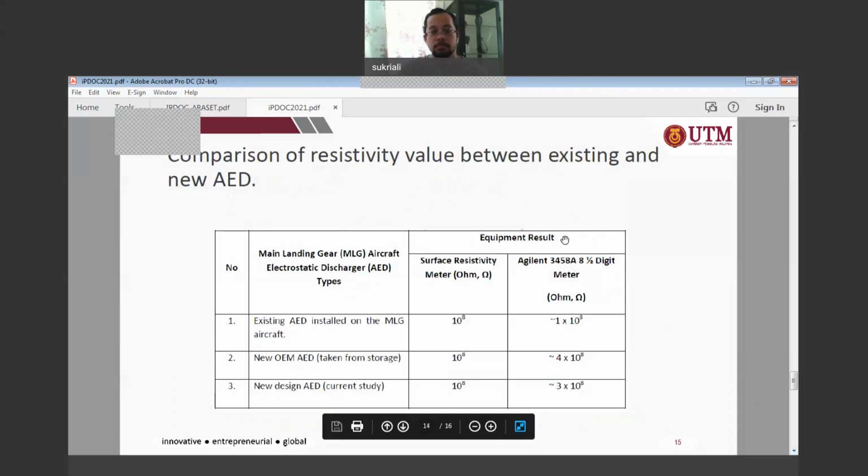The most important thing is to check the discharge capability, and our new design AAD is very comparable with the new OEM and better than the existing installed AAD.